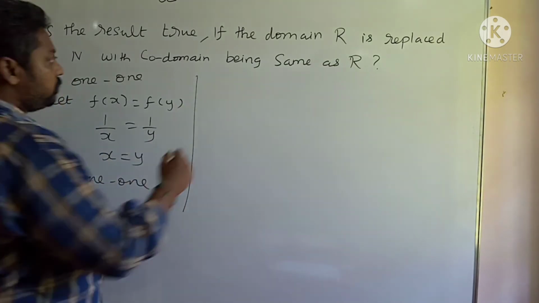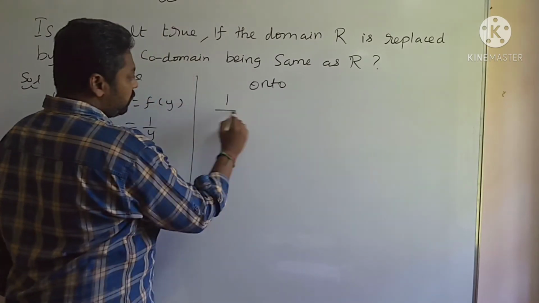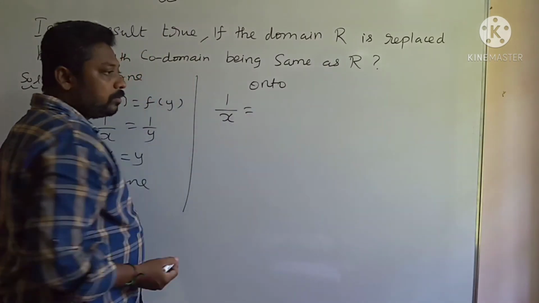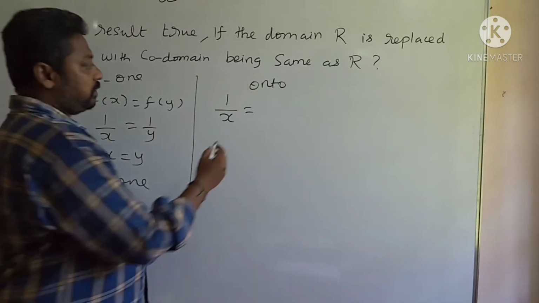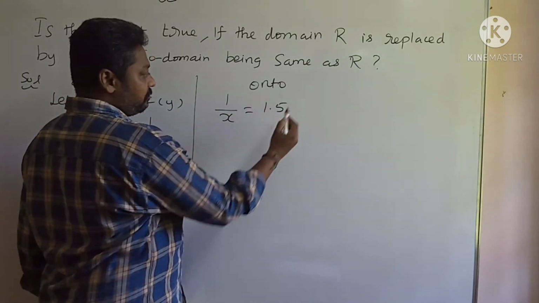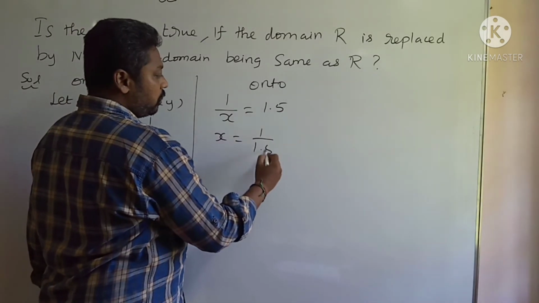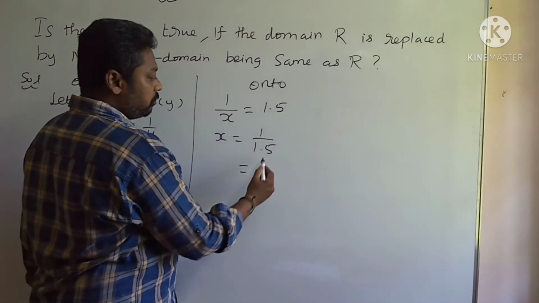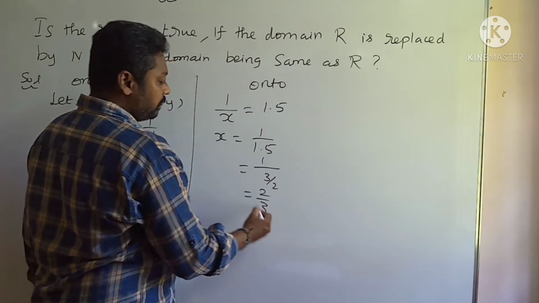So checking for the onto. For example, if we take 1 by x as some real number, for example 1.5, then x becomes 1 by 1.5. So what is 1 by 1.5? 1 by 3 by 2, that is 2 by 3.